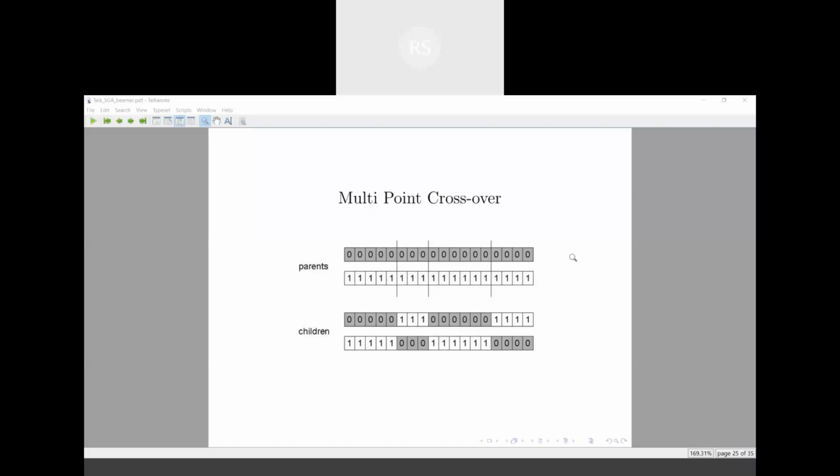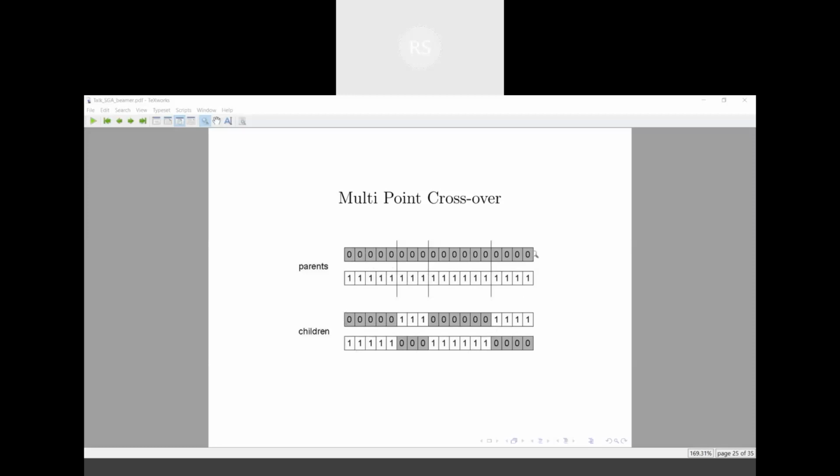If you want to write a complicated genetic algorithm for a very complicated problem, multi-point crossover is also possible. But multi-point crossover is really not recommended for simple genetic algorithm. I'm just showing you for the information.